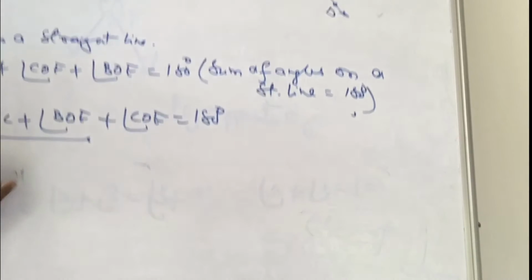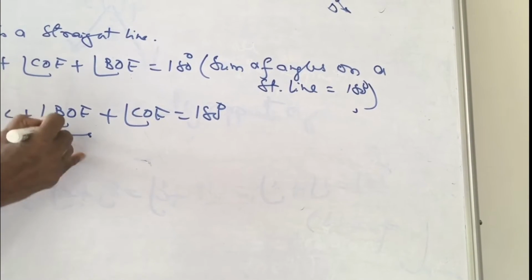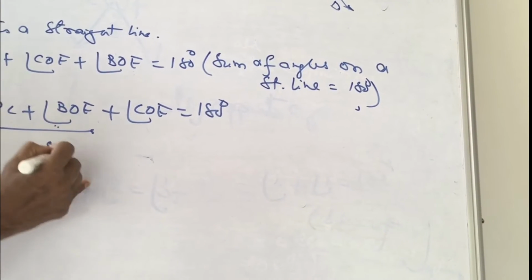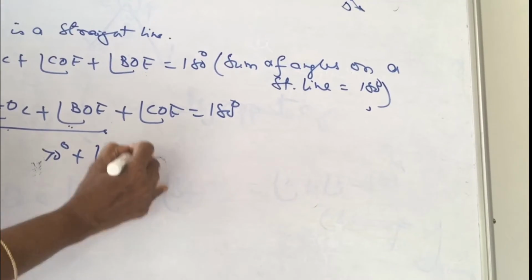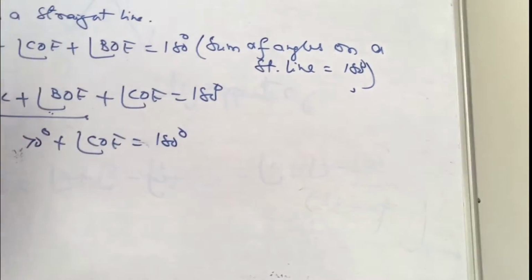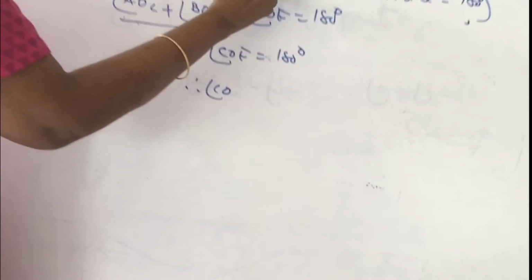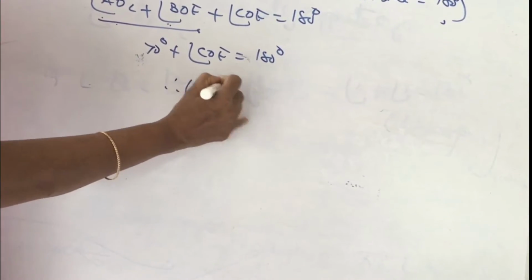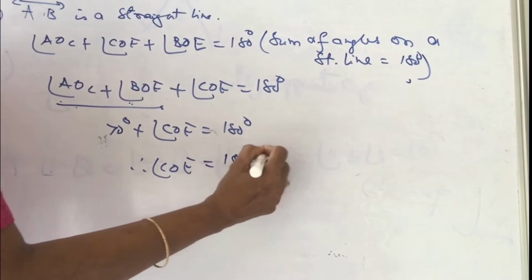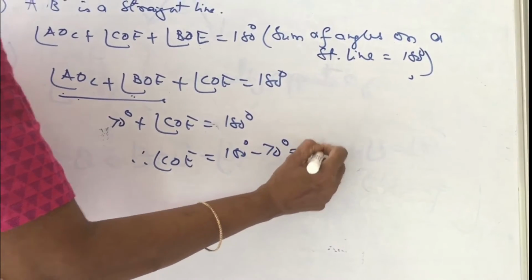It is given that the sum of these two in the question is 70 degrees, therefore angle COE is 180 minus 70, which is equal to 110.